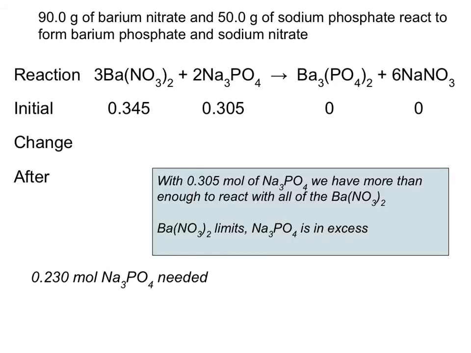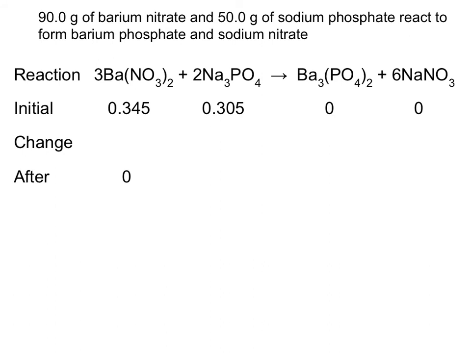We have 0.305 moles of sodium phosphate, so we have more than enough of the sodium phosphate to react with all of the barium nitrate. That means that barium nitrate must be our limiting reactant, and sodium phosphate is in excess. So now, since we know that barium nitrate is our limiting reactant, we know that we will have none of that left after our reaction, and so we can fill in a 0 there.